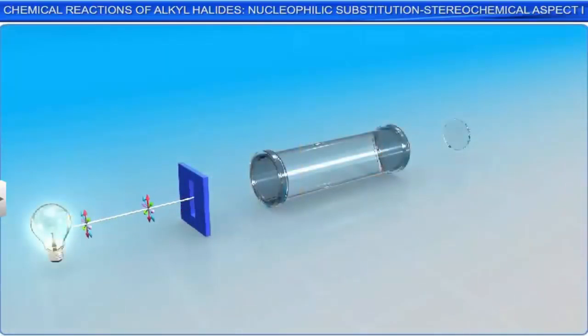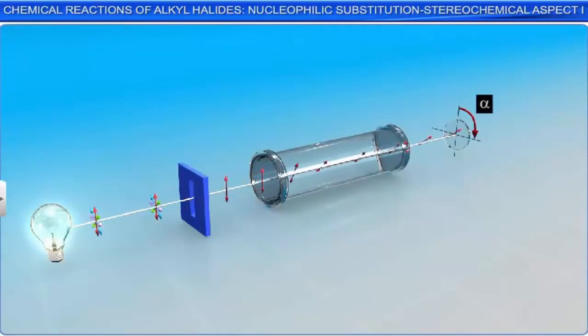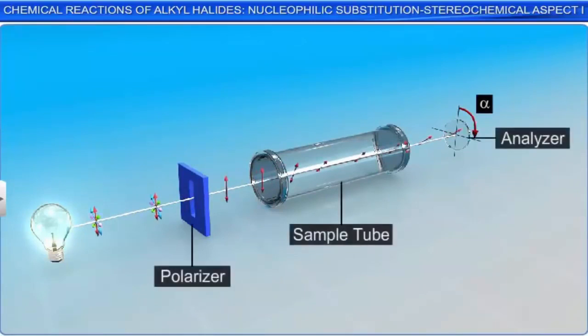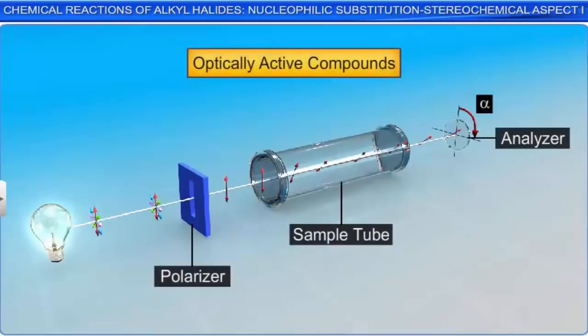When plane polarized light is passed through a solution of certain compounds, they rotate the plane polarized light in a specific direction. Such compounds are called optically active compounds.